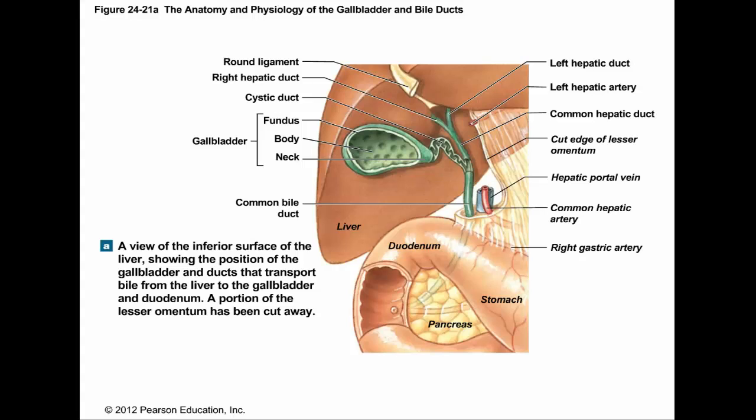And you can see also where the common hepatic duct joins onto the common bile duct, and that common bile duct then travels down and joins onto the duodenum and is stimulated to release bile in the presence of digested chyme moving from the stomach.